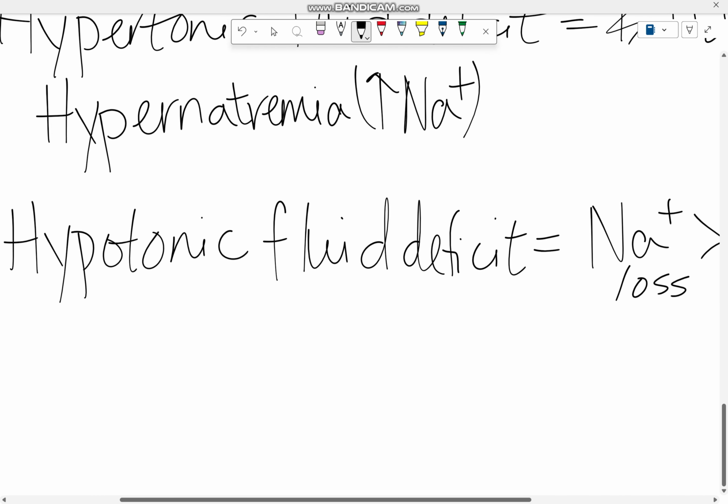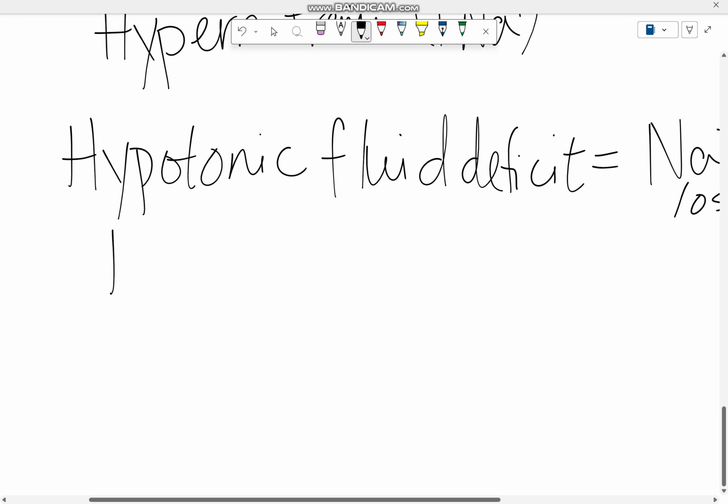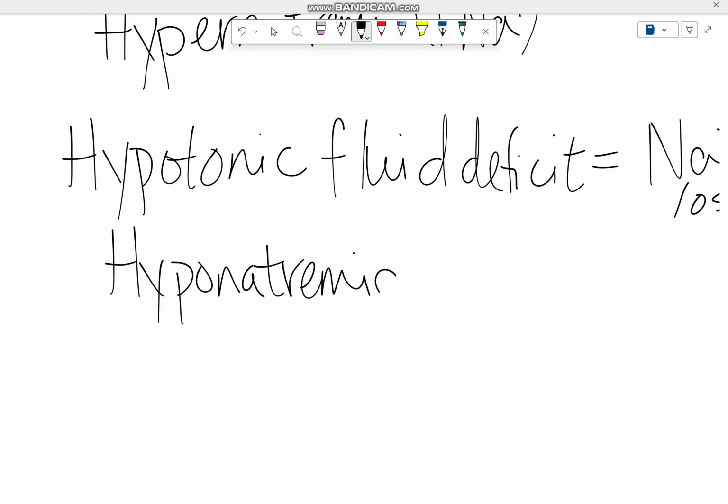So all the water that we are losing is super concentrated, and that's going to result in hyponatremia, so low sodium levels. It can be caused by sweating, vomiting, diarrhea, thiazide diuretic use, heart failure, cirrhosis, or renal failure. Because now we have an excess of fluid, those things are also going to cause hyponatremia. So even though we're not losing fluid, we're adding more fluid, so that fluid is now less concentrated, which leads to those lower sodium levels.